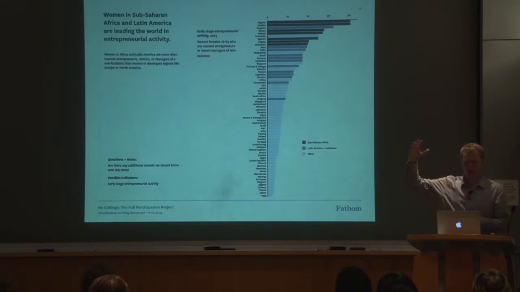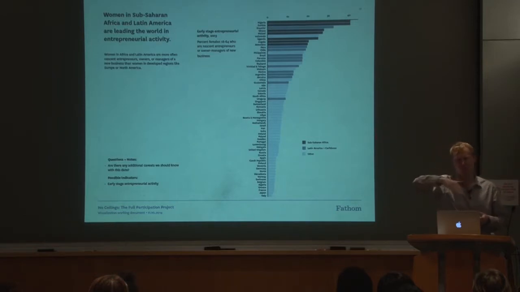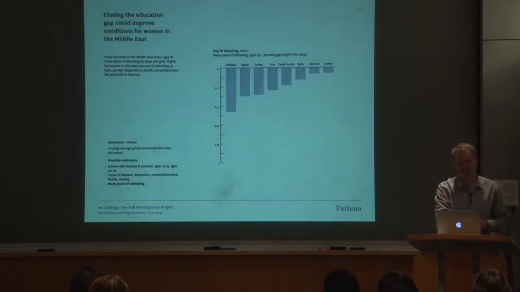So here we can start seeing there's something interesting happening in sub-Saharan Africa, which is the darker colors, in terms of entrepreneurial activity across all these different countries. And so, a very simple representation that we could then say, here's a story, here's a thread that we might work with, and then eventually work that into an actual visualization.